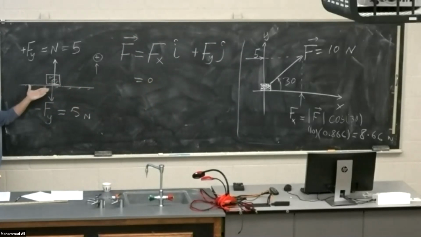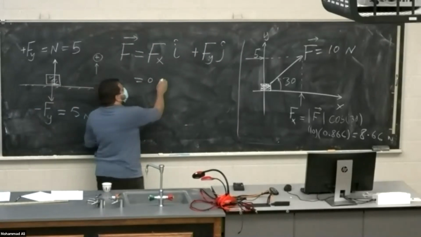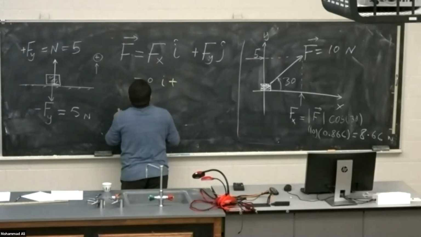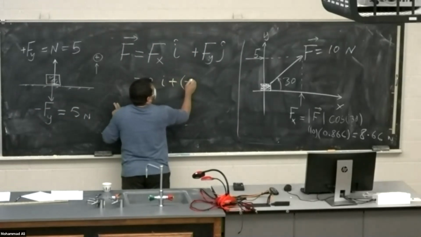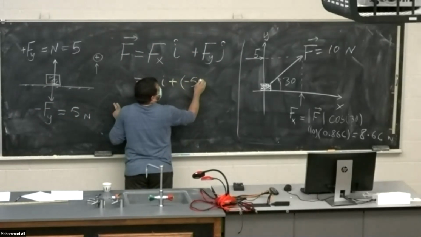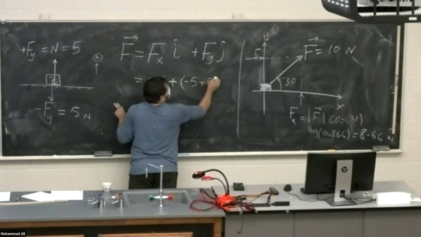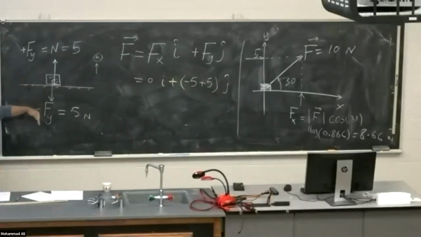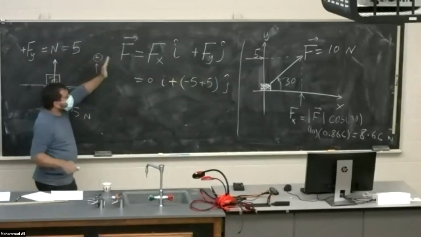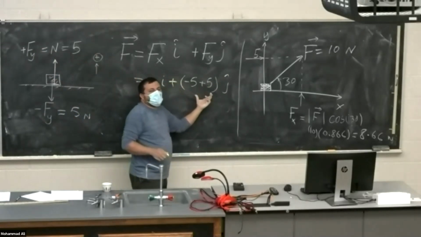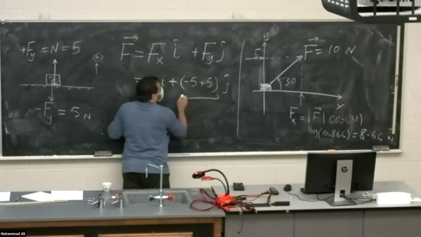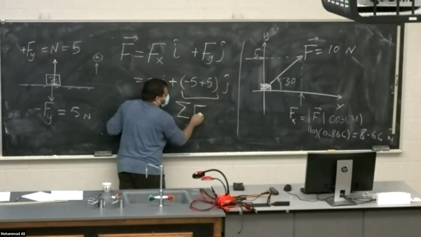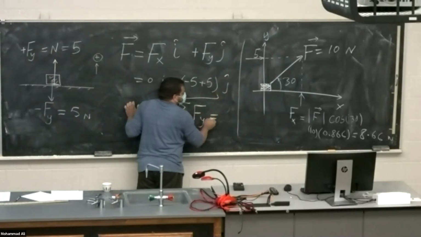There are no horizontal forces. What about the Y forces? I have -5 plus 5 in J direction. I have -5, I have +5 in Y direction. In this case, I will not put them like this. I can put the summation or the total forces in Y direction. It is equal to 0.